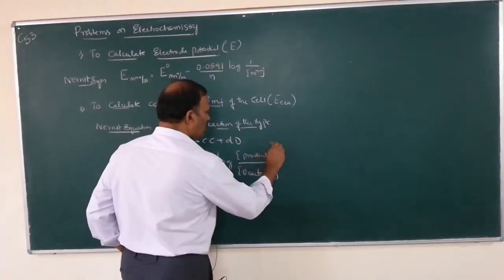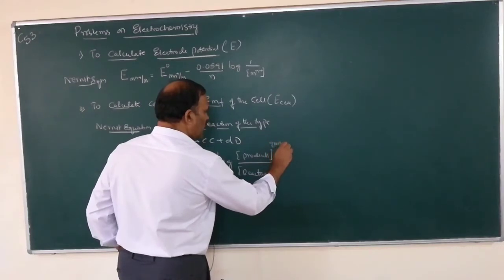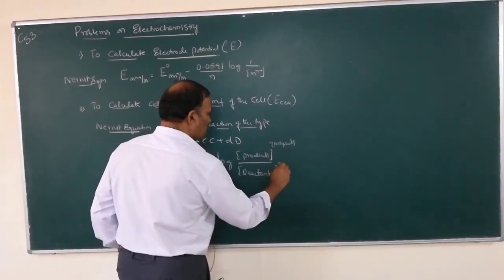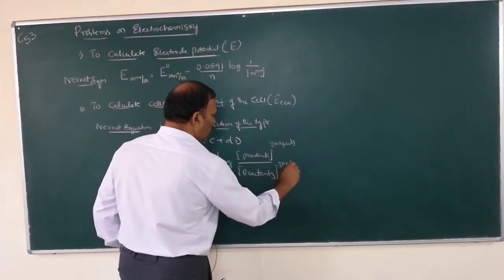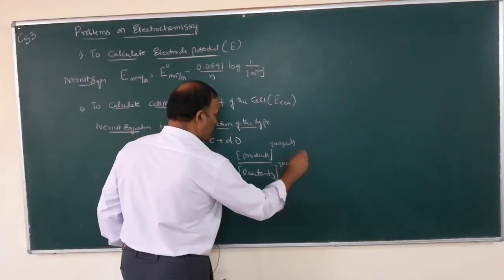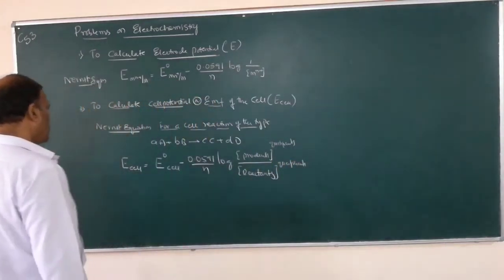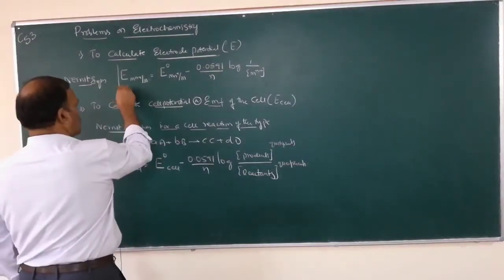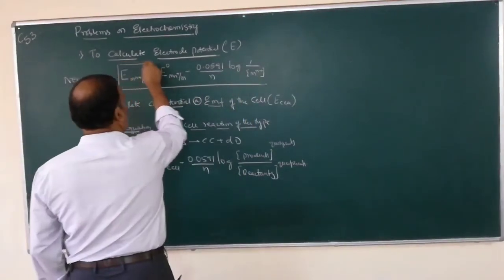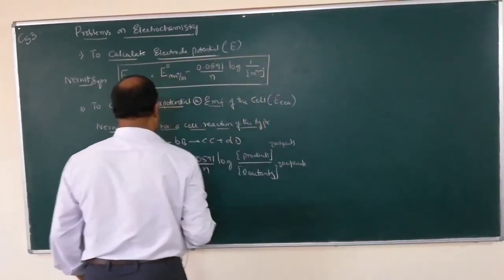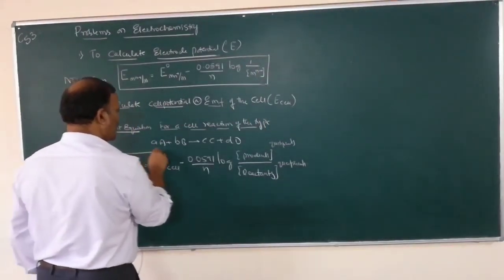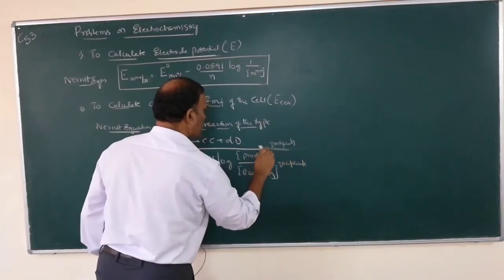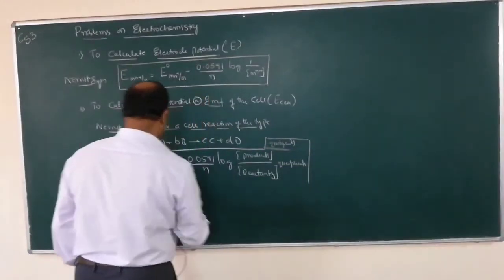So, this is the Nernst equation to calculate cell potential.